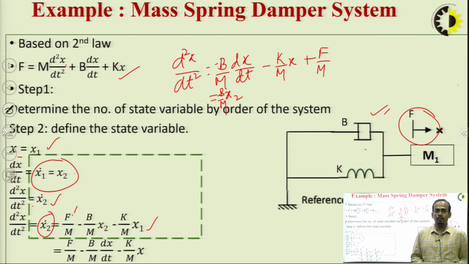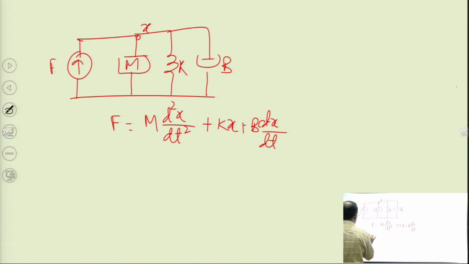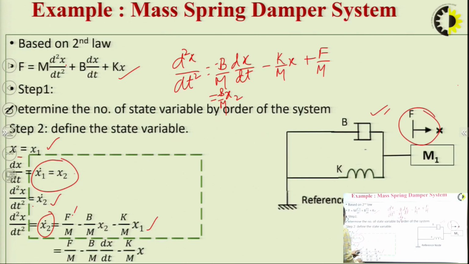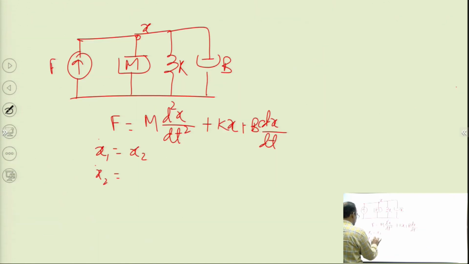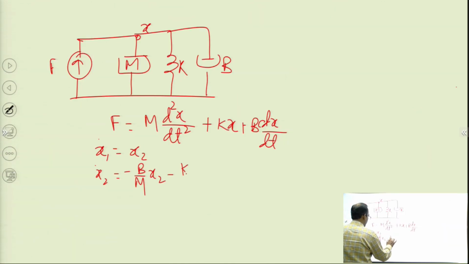I am interested only in writing the state equations. So I have already written x1 dot is equal to x2, x2 dot is equal to minus b by m x2 minus k by m x1 plus f by m.